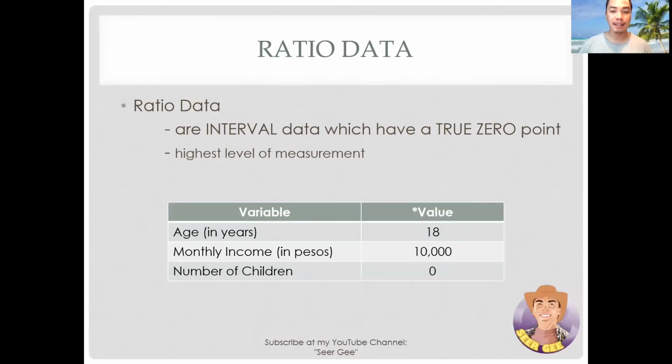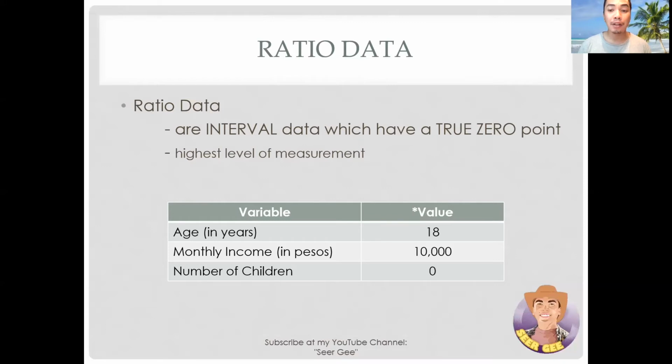Here are some examples. Age in years with a value of 18, so he or she is 18 years old. Income in pesos with a value of 10,000, so an employee has an income of 10,000 per month. Number of children with a value of 0, and that is a true 0 point. 0 means no children.